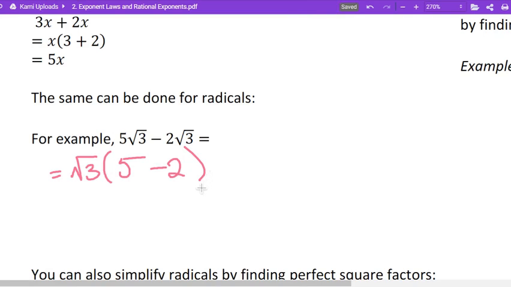And 5 minus 2 is 3, so I'm left with 3 root 3. Now, you do not have to solve problems this way. This is just to really break it down and show you why it is that identical radicands are like terms. Okay?